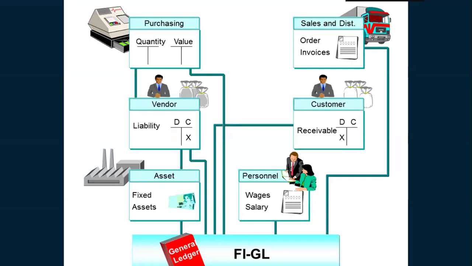We know all these things, but we don't know how to manage them properly. Everybody knows about purchasing and sales, and we know about vendors and customers. Vendors or suppliers are both the same. We know about assets we have in our family, and we know about wages and salaries because we are also making payments and receiving salaries.